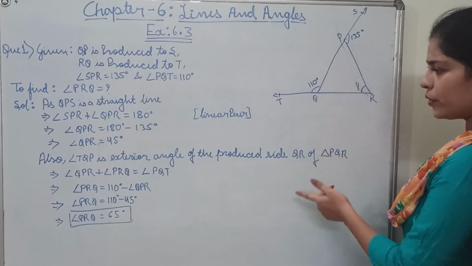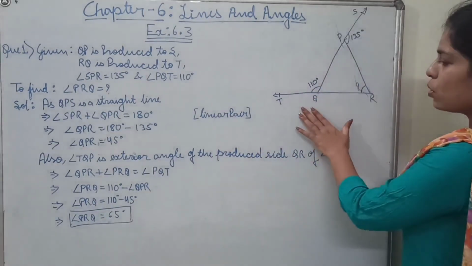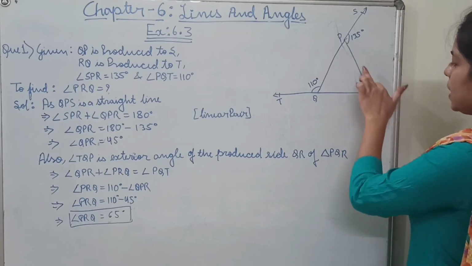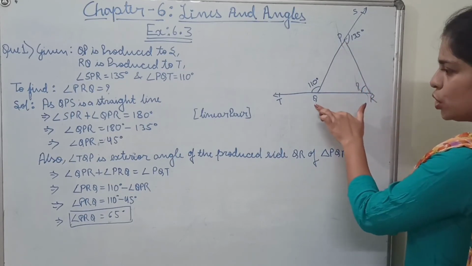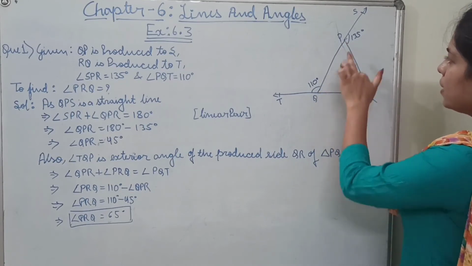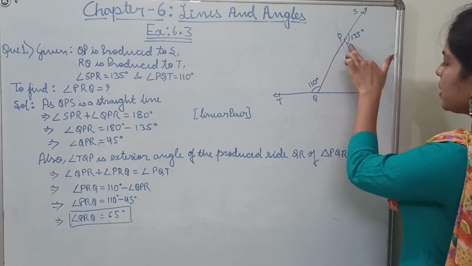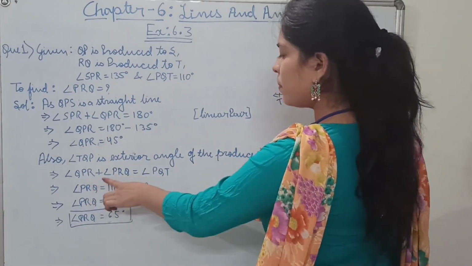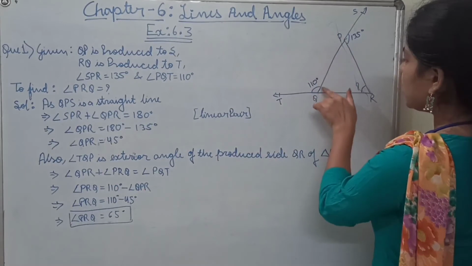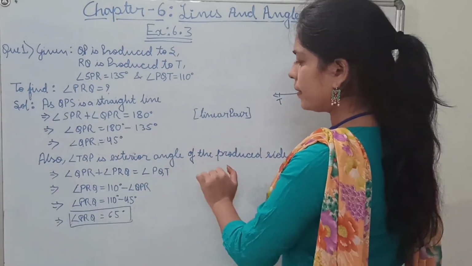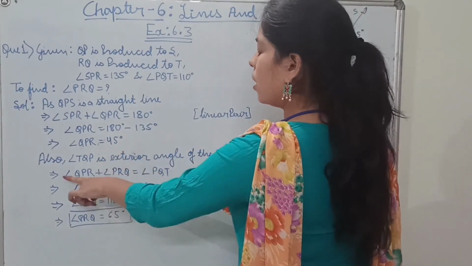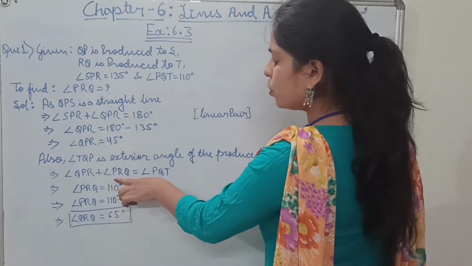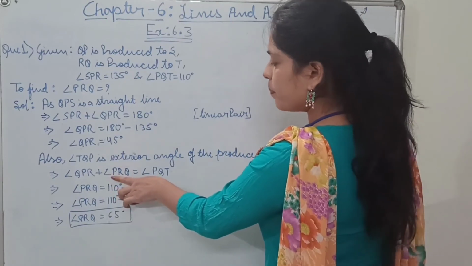Angle QPR plus angle PRQ will be equal to PQT, which is 110 degrees. And we have to get the measure of this angle, angle PRQ.